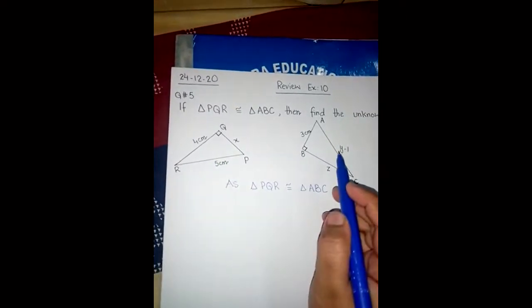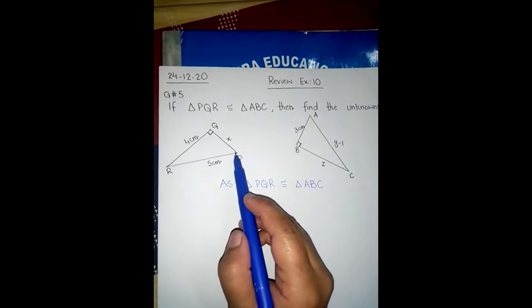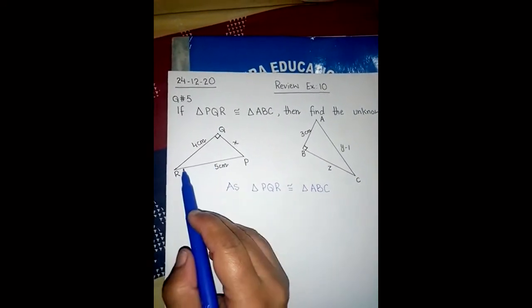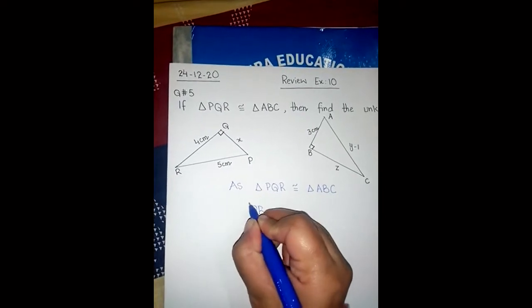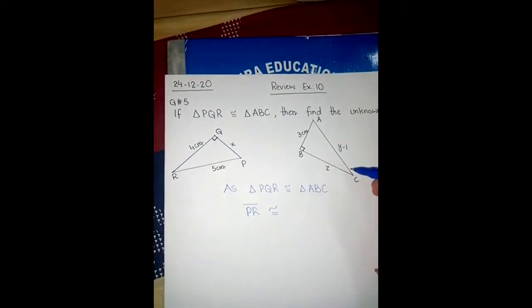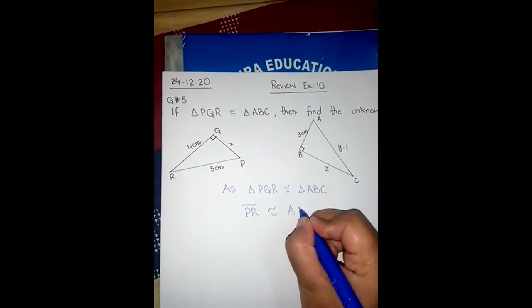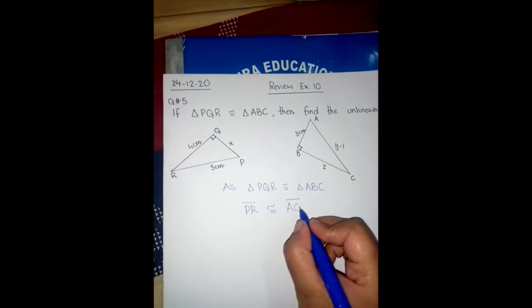Both are 90 degree, so the HS postulate will apply. This is the hypotenuse. So PR is congruent to, this is the hypotenuse here. So hypotenuse is congruent to hypotenuse. PR is congruent to AC.